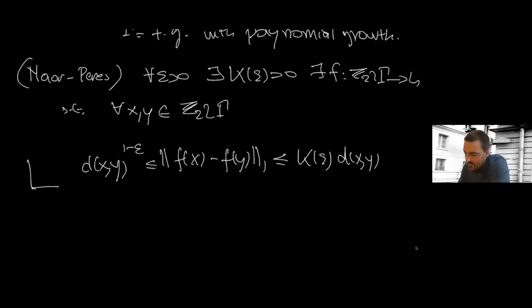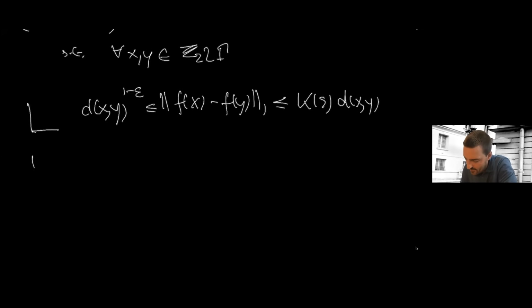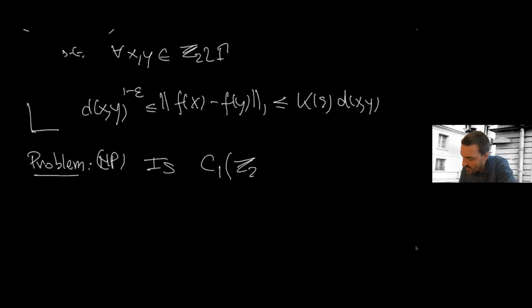And so there is the following problem, which was stated in Naor and Peres. Is the L1 distortion of Z2 wreath Z square finite? So we don't even know for the planar Lamplighter group if this group can be bi-Lipschitz embeddable into L1.